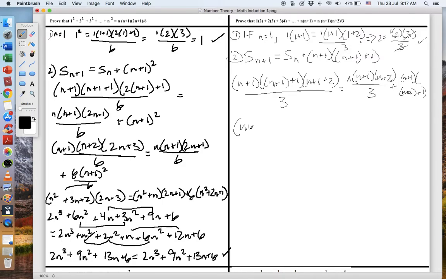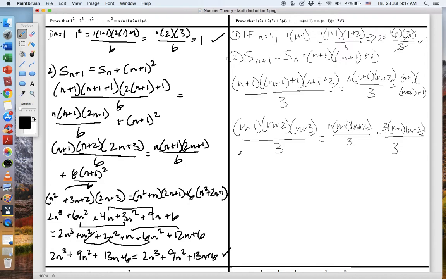We're going to just simplify here: n plus 1 times n plus 2 times n plus 3 over 3 is equal to, and then on the right hand side we've still got n times n plus 1 times n plus 2 over 3, and then we're going to multiply this by 3 over 3 so we can get a common denominator to get rid of n plus 1 times n plus 2 over 3.